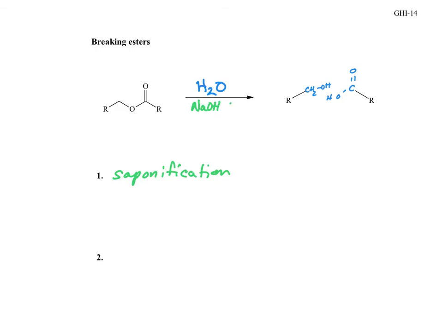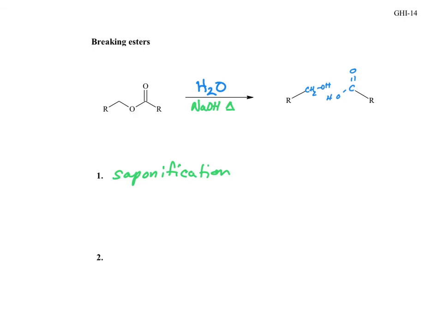We'll call it NaOH and a little delta symbol, which means gentle heat. So if we take a strong base like sodium hydroxide, and a little heat, and mix it with some vegetable oil or something like that, we end up breaking the esters and creating the alcohol and the carboxylate.